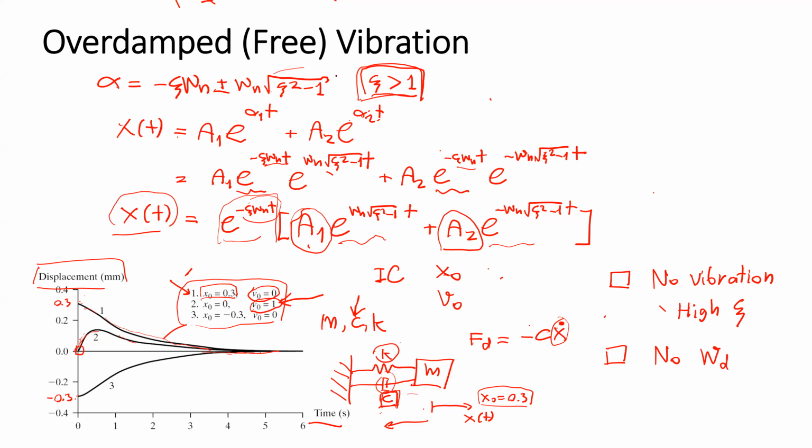The damped natural frequency in the previous slide is equal to the undamped natural frequency multiplied by the square root of 1 subtract the square of the damping ratio. But in that case, the damping ratio is between 0 and 1.